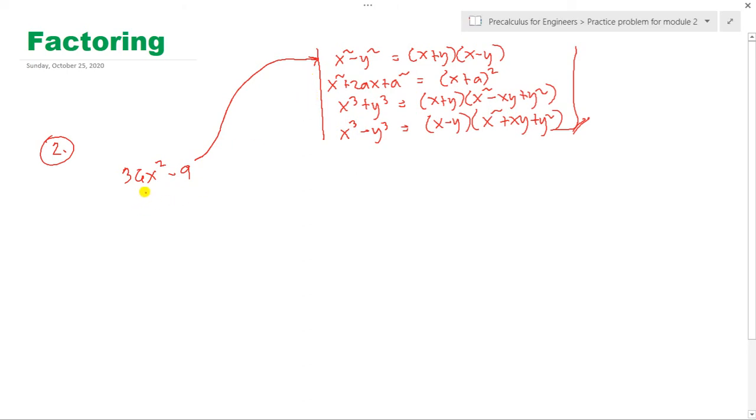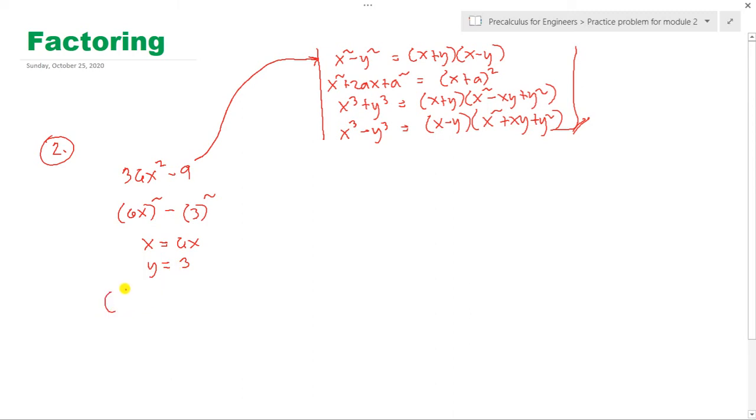So therefore, siguro yan yung form niya. But we need to alter this one muna. We know that 36 is a perfect square because 6 squared is 36. So we now rewrite this as 6x squared. How about 9? 9 is a perfect square of 3, so we have 3 squared. So in this case, namumukha na siyang x squared minus y squared, wherein our x here is 6x and our y here is equal to 3.